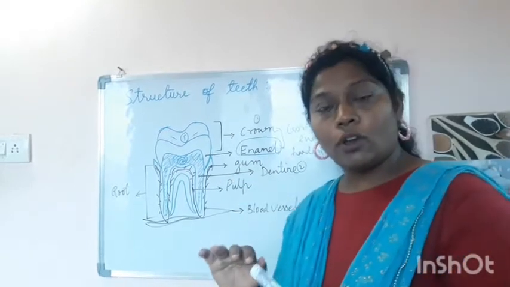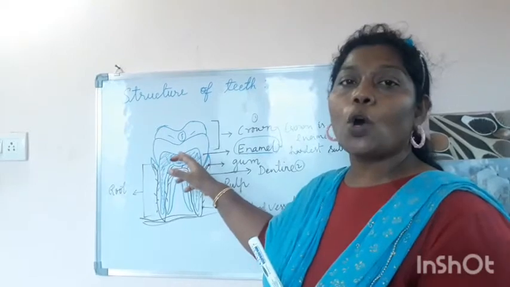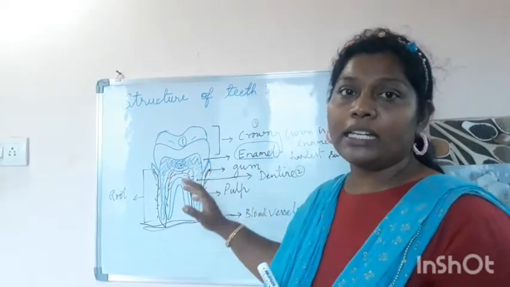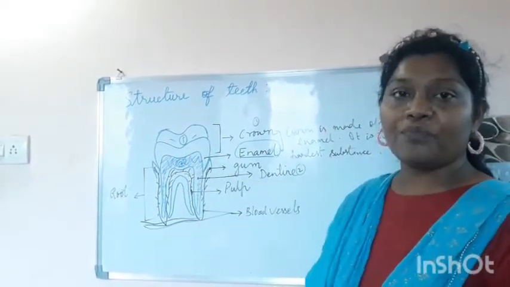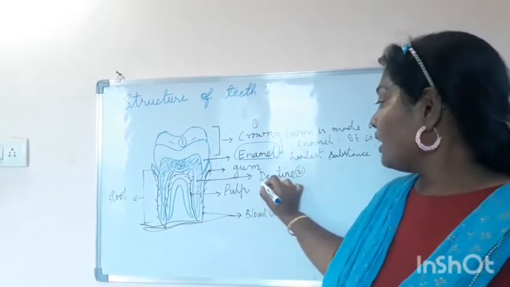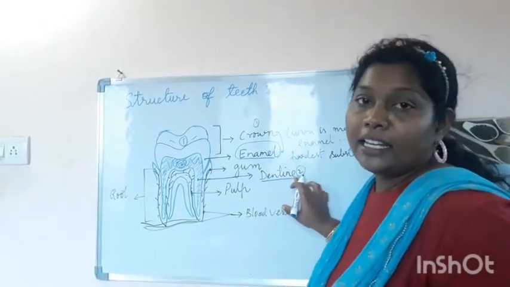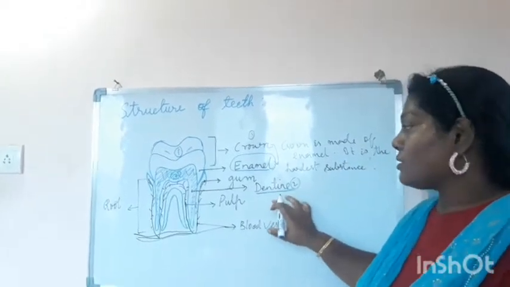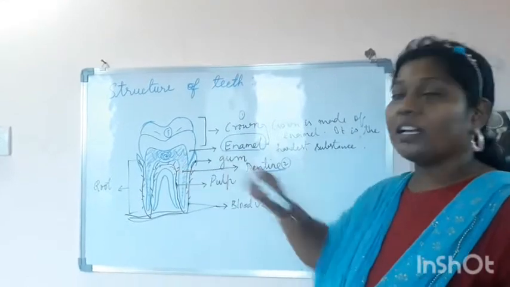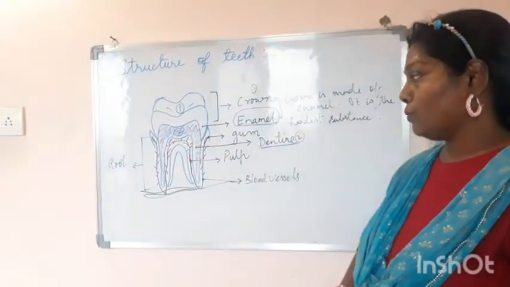It is not soft and it is not too hard. It is just giving support to the crown. That is called dentine. D-E-N-T-I-N-E. Dentine. So this is giving support to the crown and is staying below the crown.